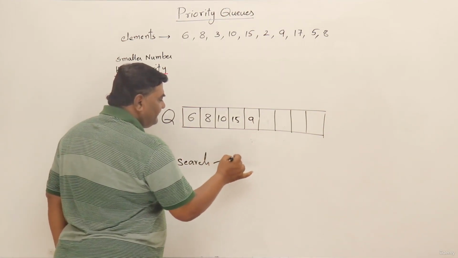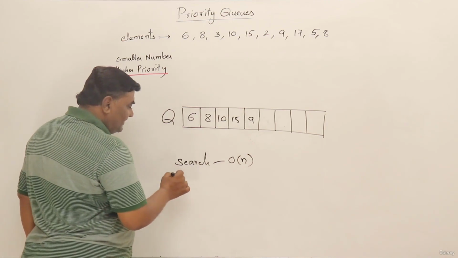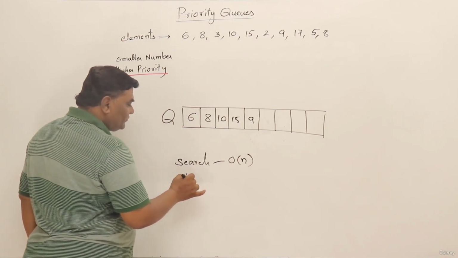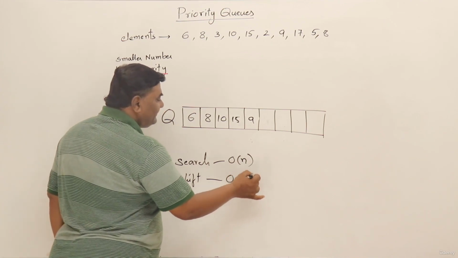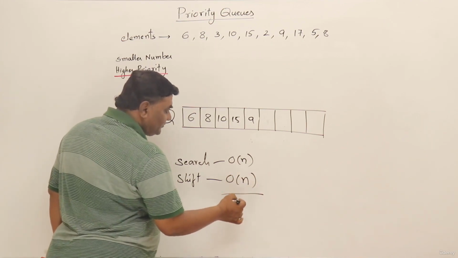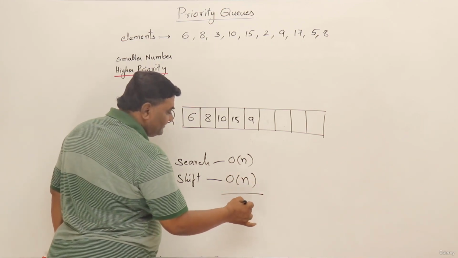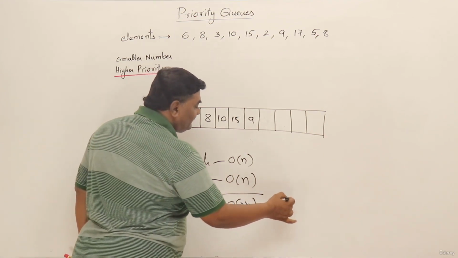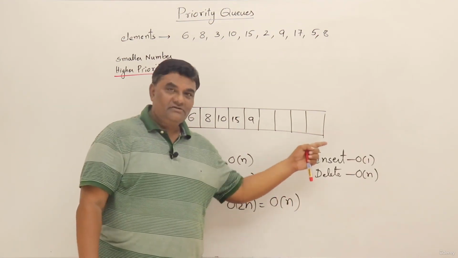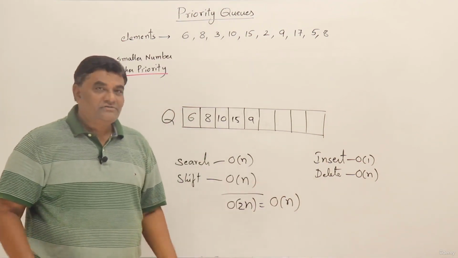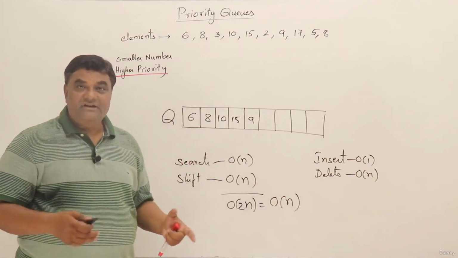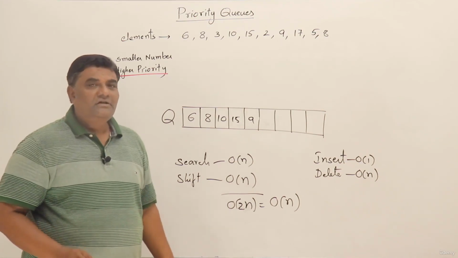Search, which takes order of n time, and shift for deletion, which also takes order of n time. So total it is 2n, so we write it as order of n. So insertion takes constant time and deletion takes order of n time. I was simply copying the elements and while deleting I was searching.